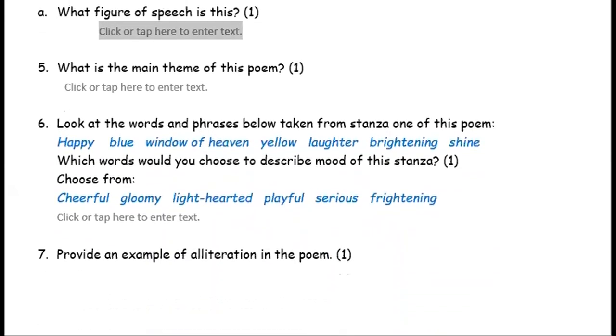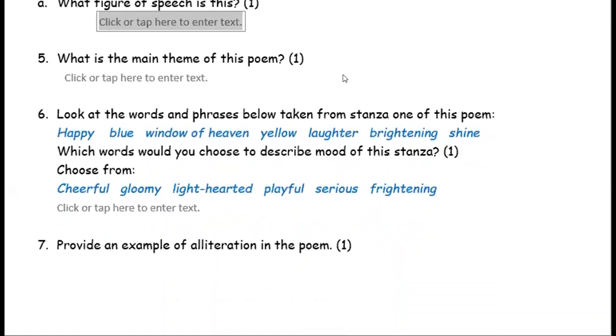Number 5, what is the main theme of this poem? So off the top of my head, I can think of encouragement. Another theme is maybe low self-esteem. The sun could be seen to have low self-esteem, right? What else? Being appreciative, happiness, moodiness. That's another theme.